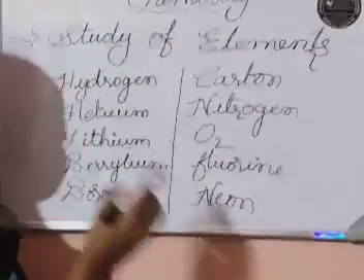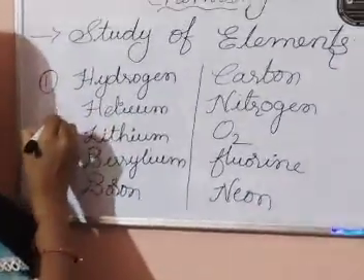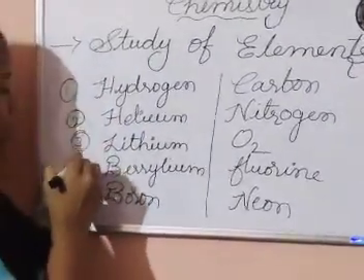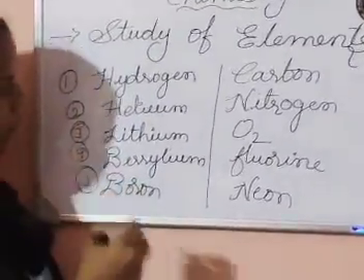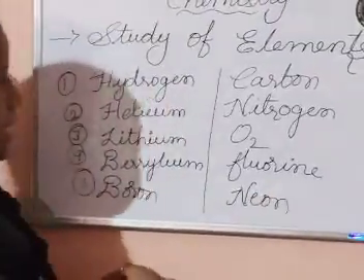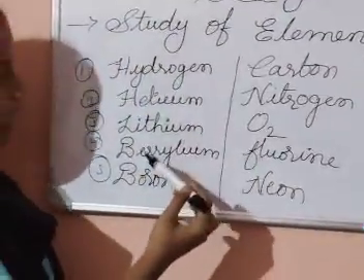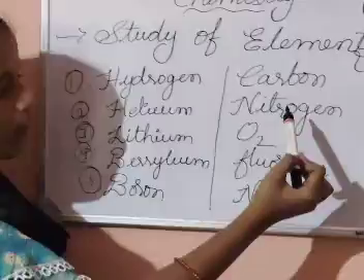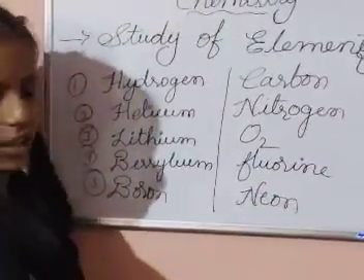These are the first 10 elements: hydrogen, helium, lithium, beryllium, boron, carbon, nitrogen, oxygen, fluorine, neon.